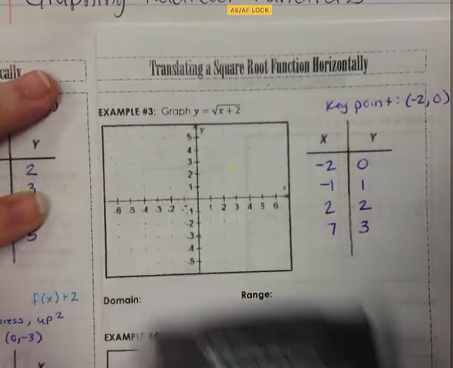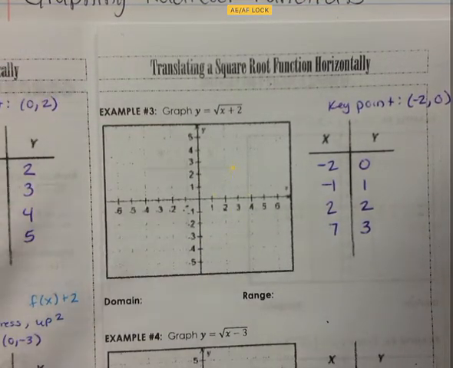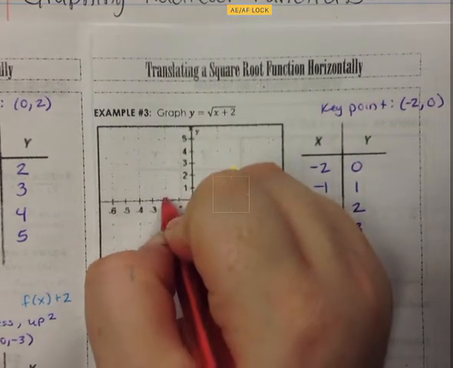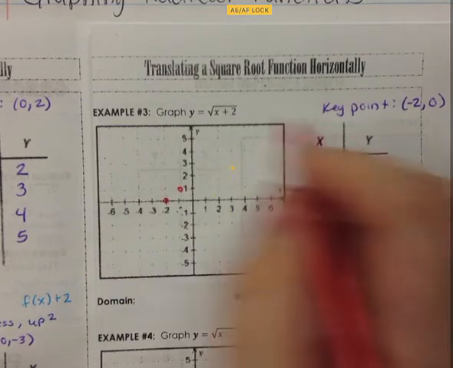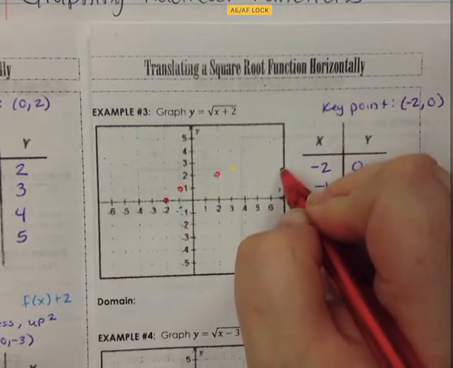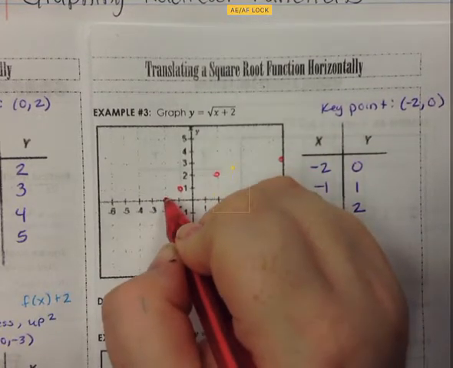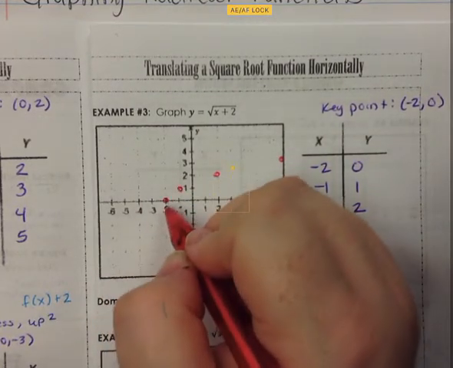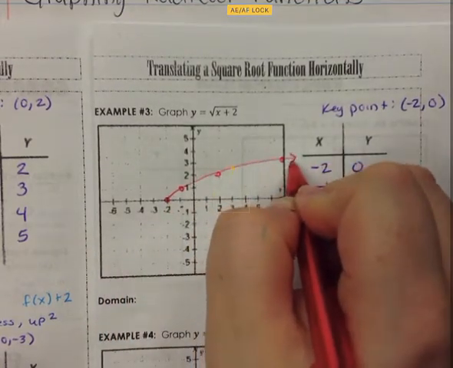I think that's going to be all we can find to put on our graph. So if we graph these, we have negative 2, 0, negative 1, positive 1, 2, positive 2, and then 7, positive 3. So again, we have a starting point. We can't go anywhere over here. Starting here, and then we connect our dots, connect our coordinates.